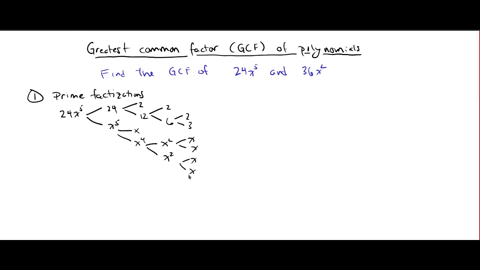So there's 5 x's altogether. So the prime factorization here is 2 times 2 times 2 times 3 times x times x times x times x times x. So 24x to the fifth is 2 times 2 times 2 times 3, and we got 5 x's.